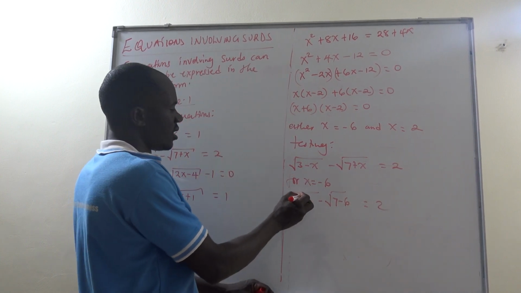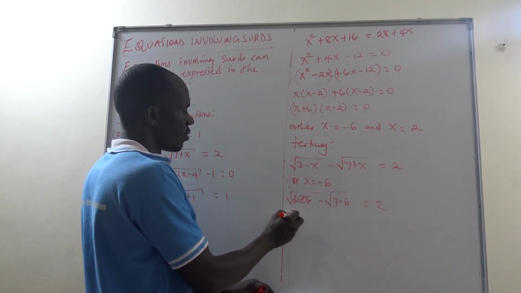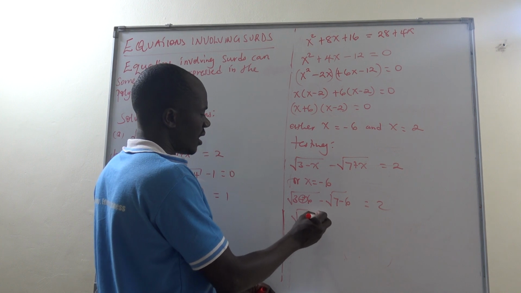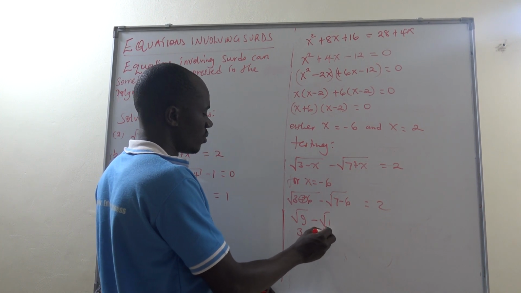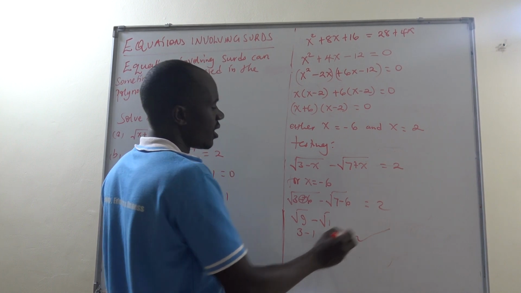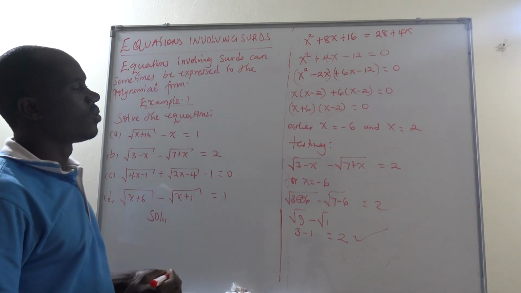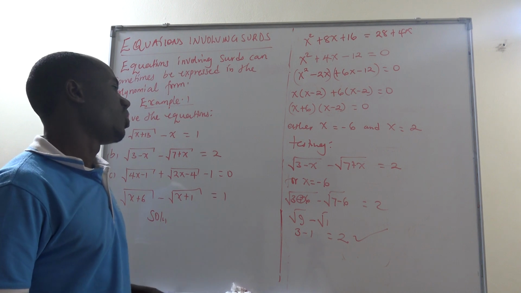We see that this and this become root of 9 minus root of 1. Square root of 9 is 3, minus 1, which is 2, which is okay. That means x equals negative 6 is working.